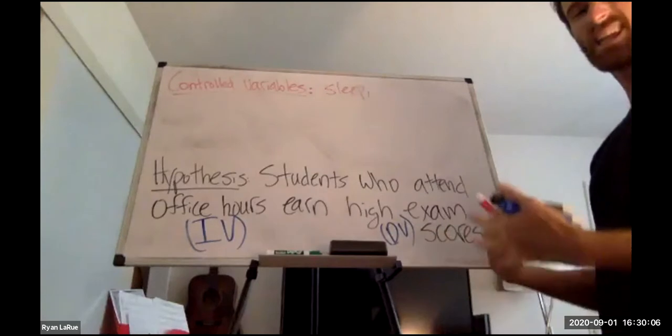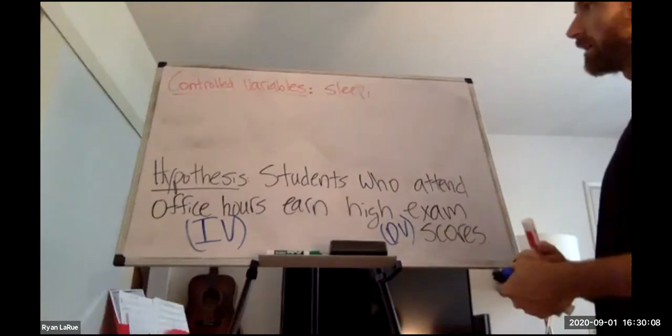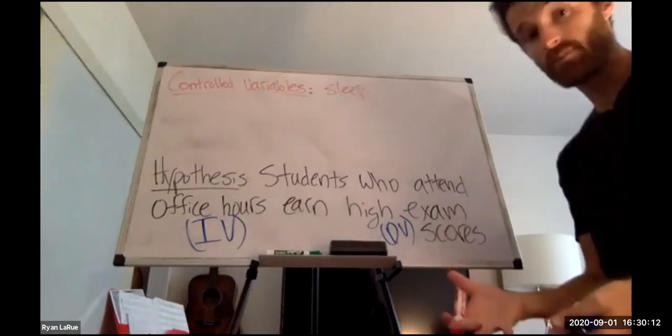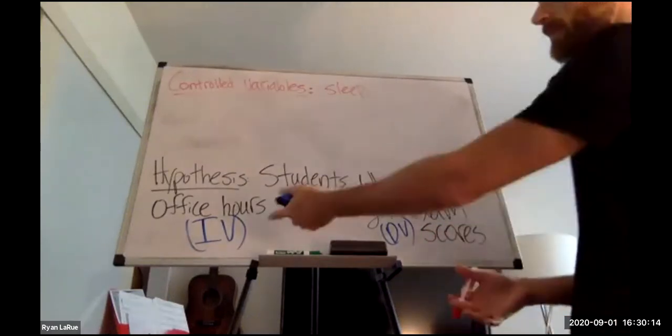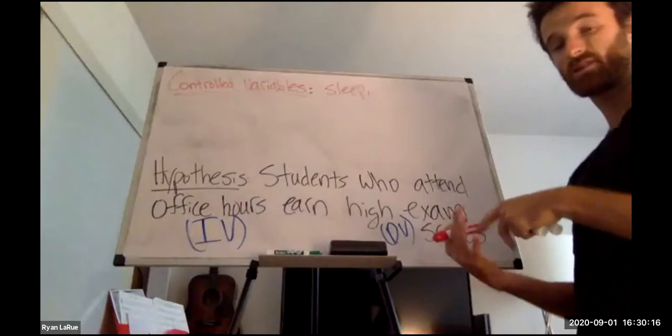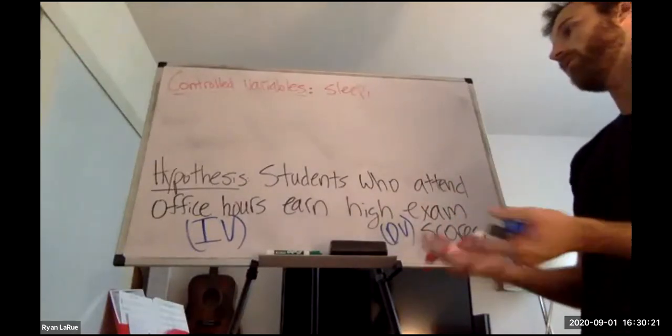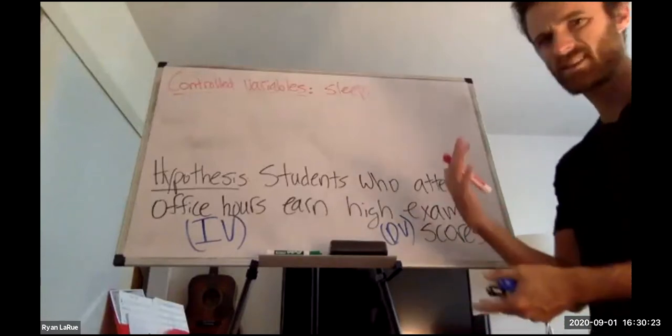That might give us an inaccurate conclusion. So sleep could do that. Students who don't sleep as much, but maybe they went to office hours, might get poorer exam scores. And it might lead us to thinking, oh, the office hours aren't helping, but it's because they didn't get much sleep.